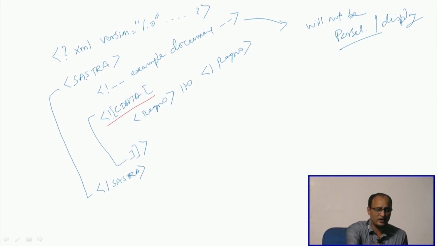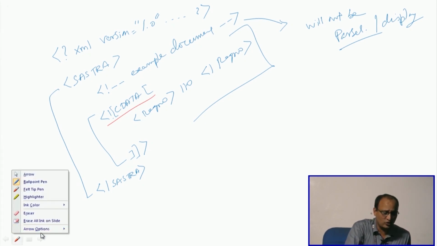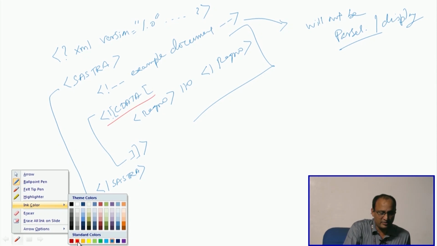Actually, we have only one root tag. For the root tag we have only one child, and that child element is included within this character data. So, it will not be parsed by the XML parser.